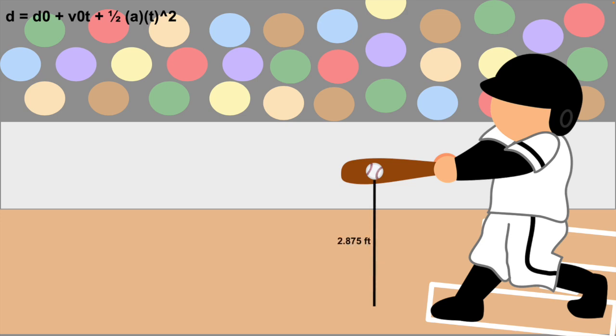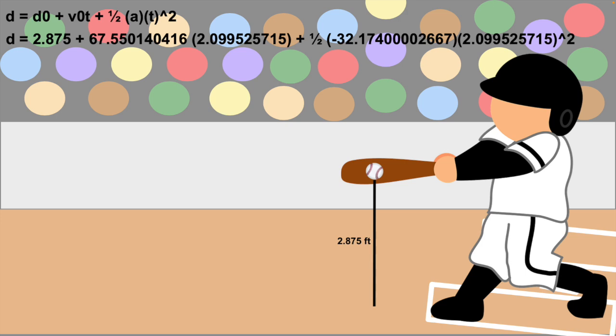So the equation would be d equals 2.875 plus 67.550140416, the y component of velocity in feet per second, times 2.099525715 plus half of negative 32.174002667 times 2.099525715 squared, or d equals 73.78662843 feet.